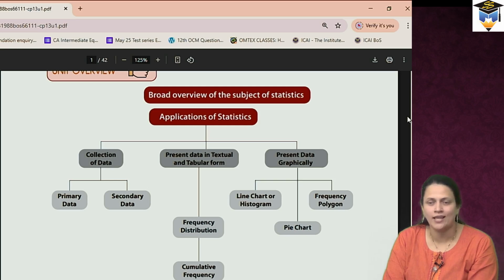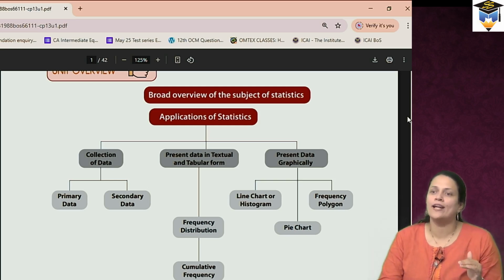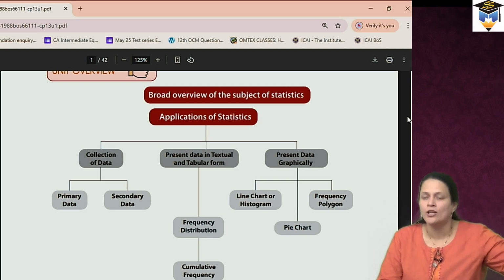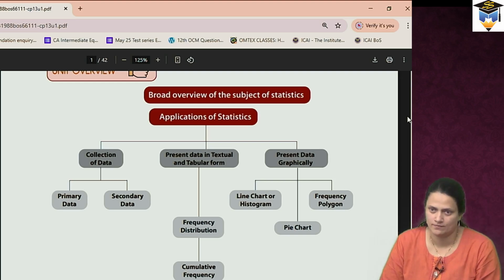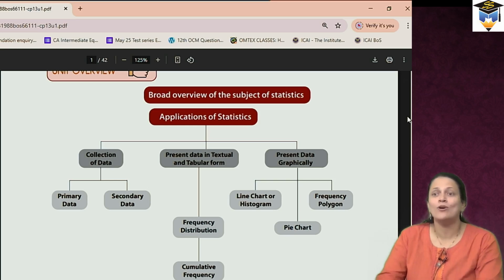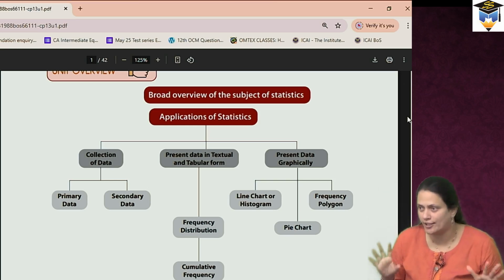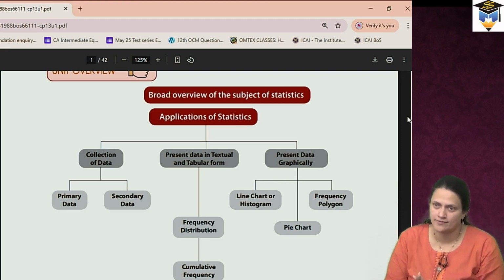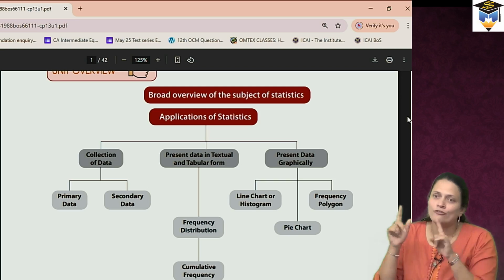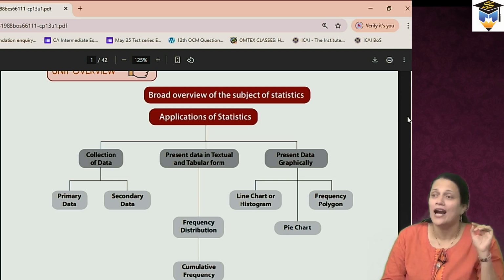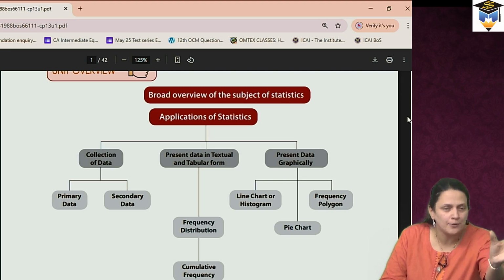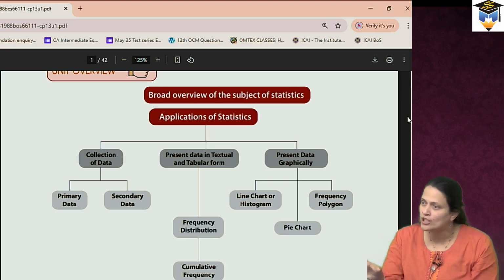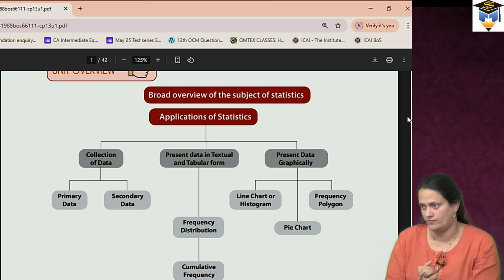But if I say in Pune city, I want to find out the number of women who are working women. So for that, I have to analyze the entire Pune city region, that is divided into, let us say, 4 parts. Out of those 4 parts, I am going to check how many women are present in that particular part. Based on that, I will find out whether that woman is a working woman or not.